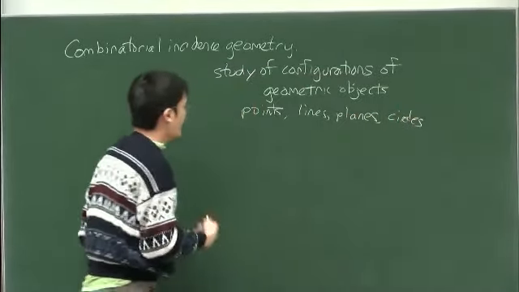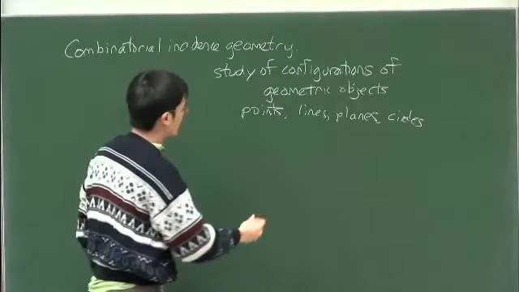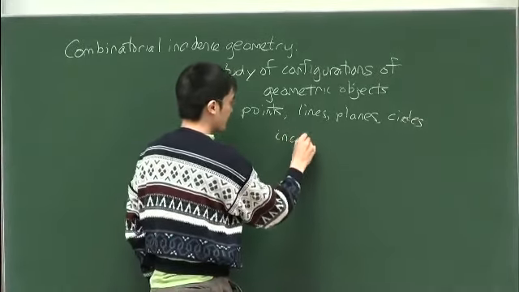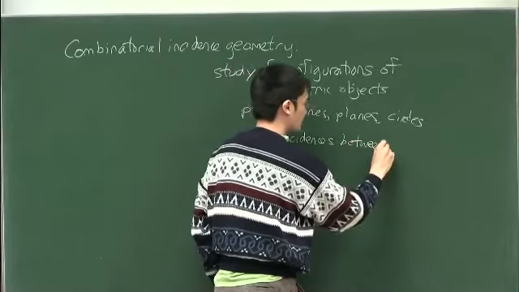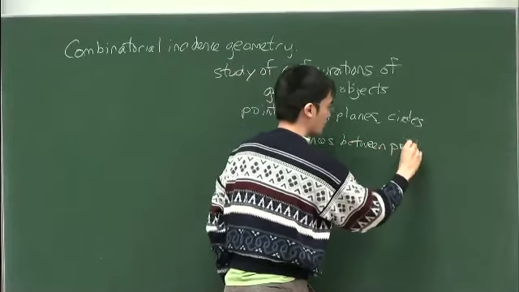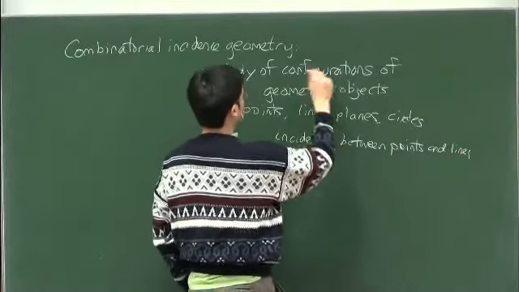So you have maybe n points and m lines and so forth, and you want to know how they interact. So you also care about incidences. I should say these are finite configurations.